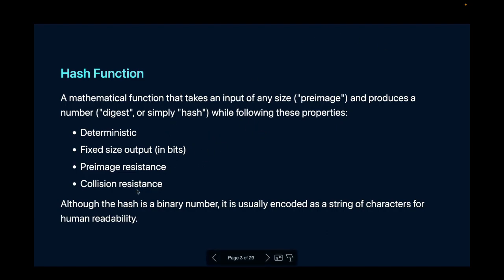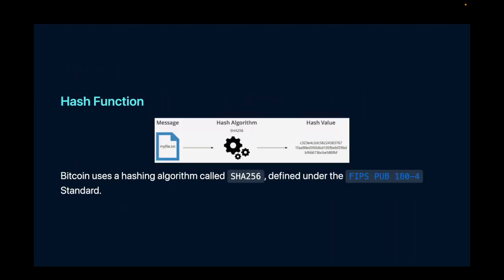Although the hash is just a binary number, it is usually encoded as a string of characters for human readability. We have this image here illustrating a hash function. Let's imagine that the pre-image is just the contents of a file, myfile.txt.